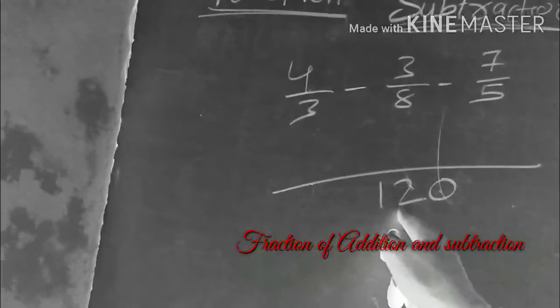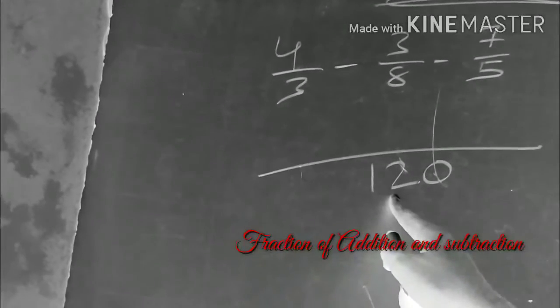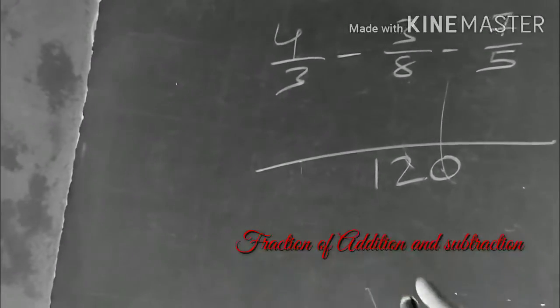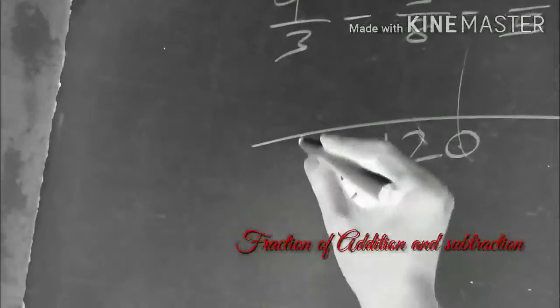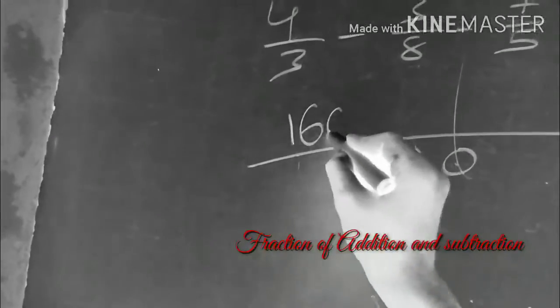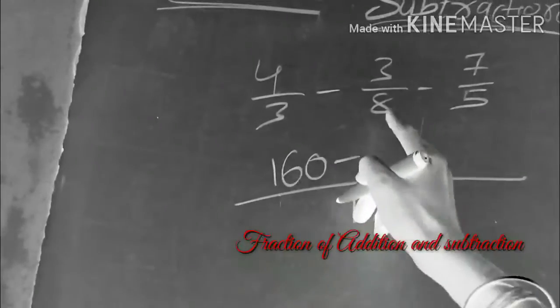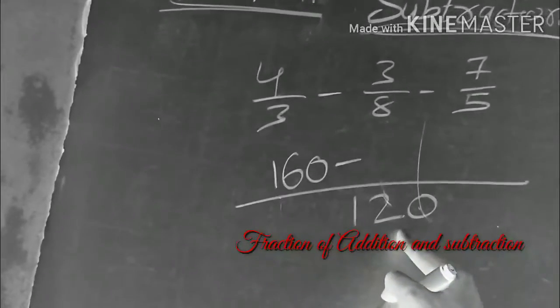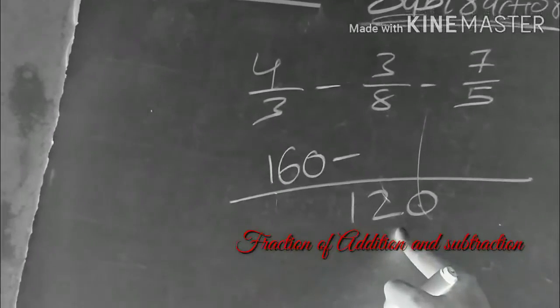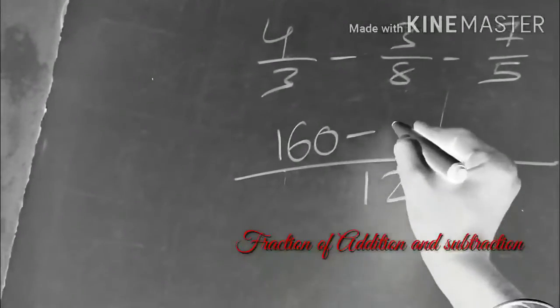Now 3 is divided into 120. 120 means how much? 40 times. 40 multiplied by 4, 160. Minus sign, minus. 8 divided into 120, how much? It will become 15, 15 multiplied by 3, 45.